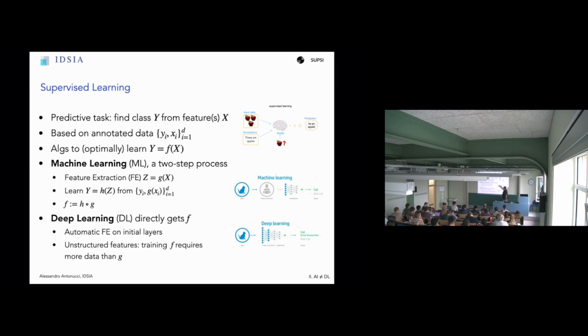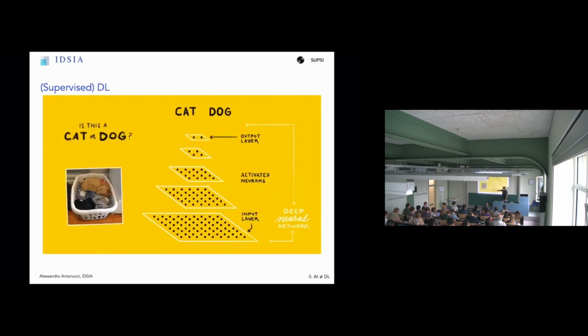And in traditional machine learning, once we have the higher level features, we use the supervised data. So this is the annotation, the class, cat or dog or whatever. And this is the description used to learn a model. Deep learning, typically, is different because deep learning does not need a dedicated, specialized feature extraction mechanism. So deep learning can train the model directly from the low level. These are just the pixels of my image.